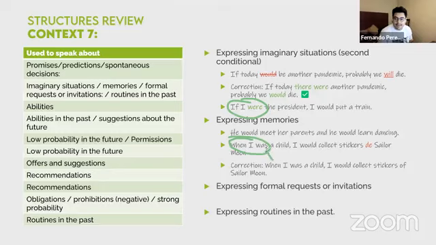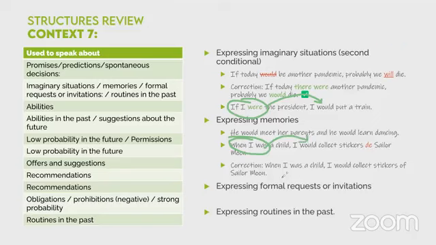And here you have the verb was, and here you have the verb were. Thanks to that, the meaning of would is different. Because the first is conditional, imaginary, very important, and the second one is memories, exactly.